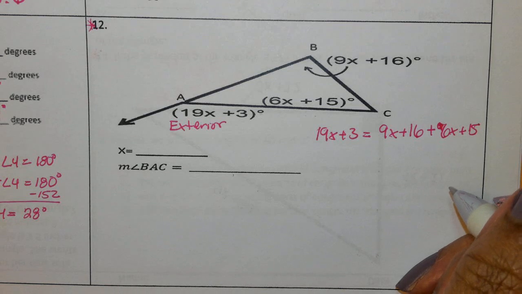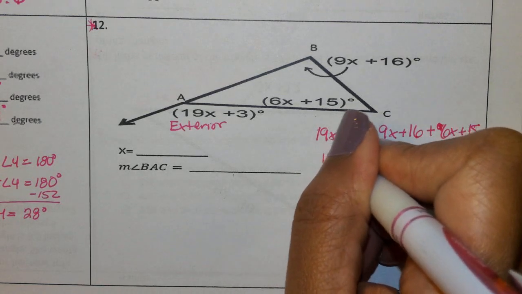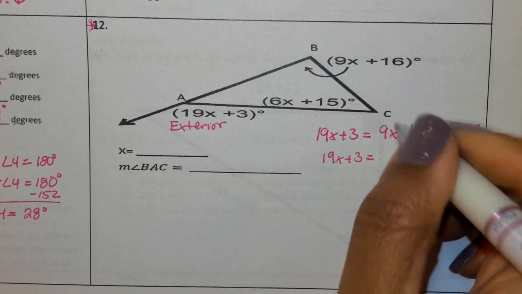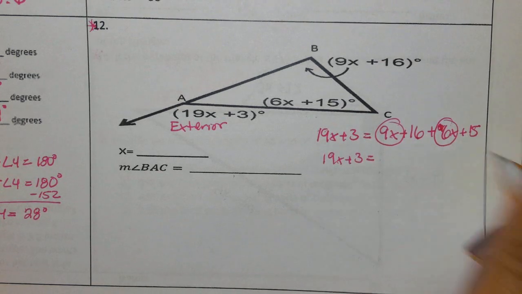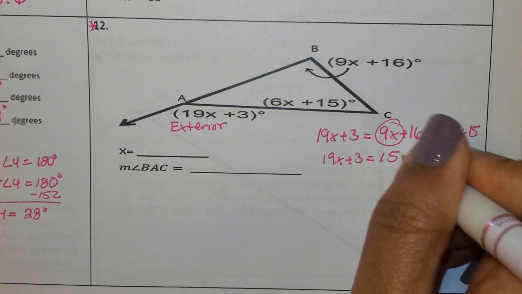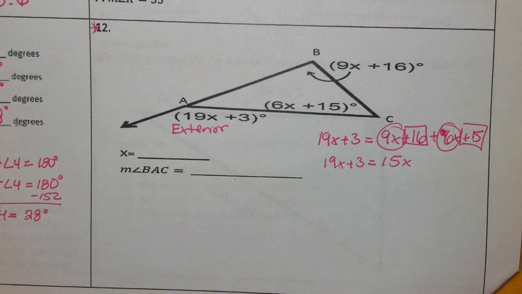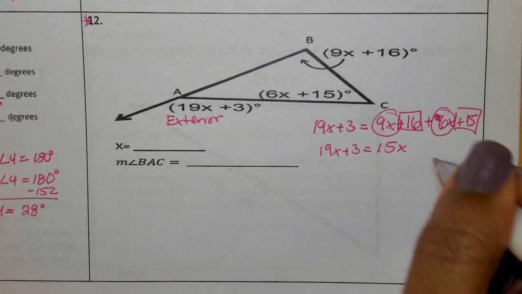Remember, on the left side, there's nothing for us to combine, so we'll just bring that 19x plus 3 down. But we'll go ahead and combine the 9x and the 6x. And of course, we end up with 15x. And of course, we'll combine the 15 and the 16, which should give us 31.